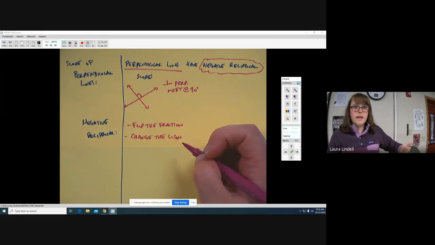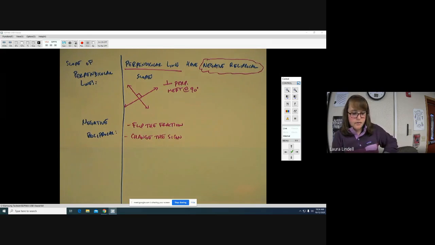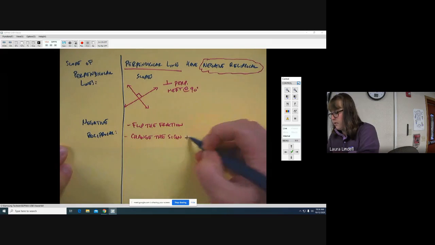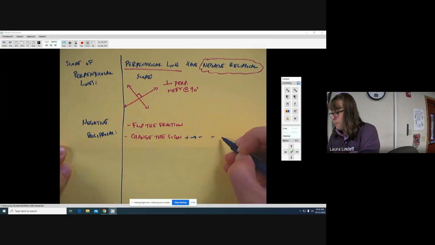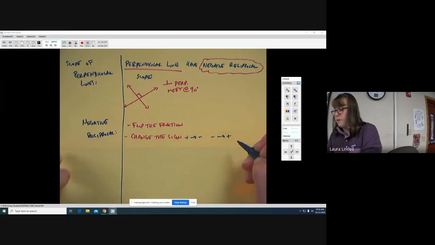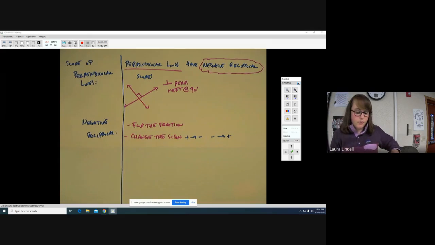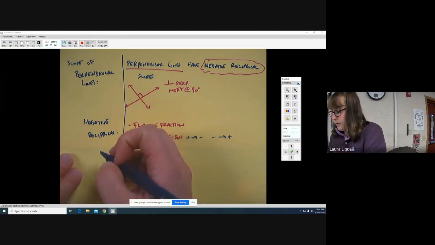If it's positive, make it negative. If it's negative, make it positive. That's how you find a negative reciprocal. So positive becomes negative, or negative becomes positive. Either one.